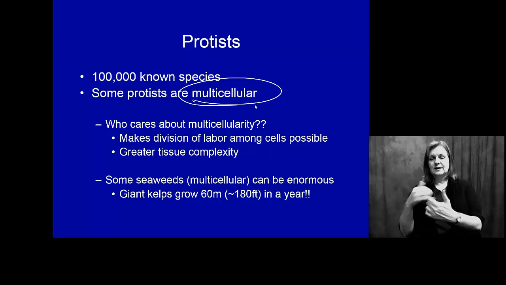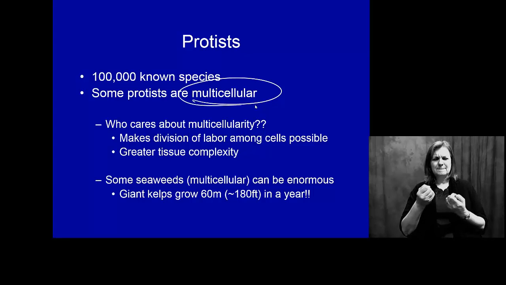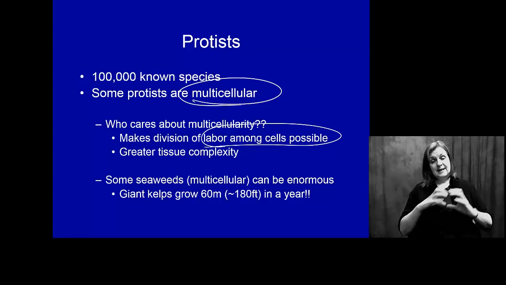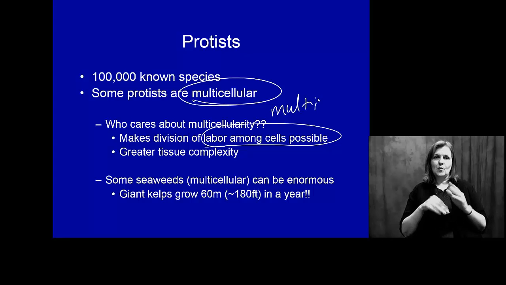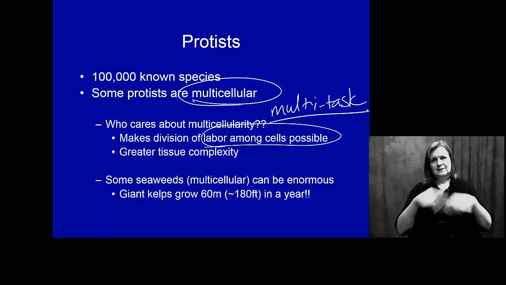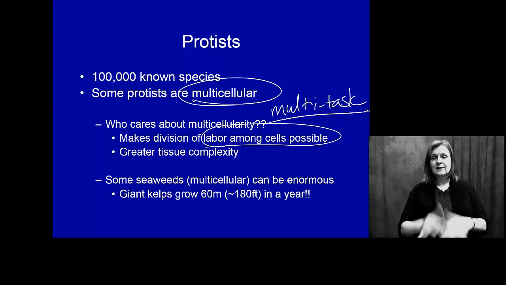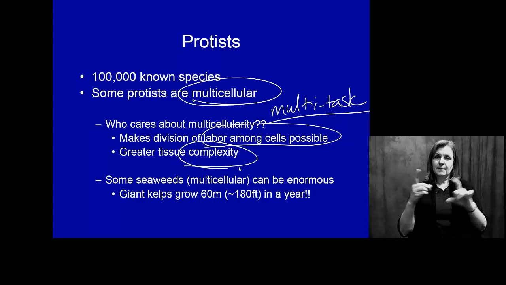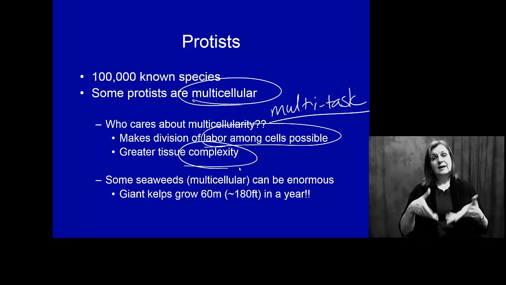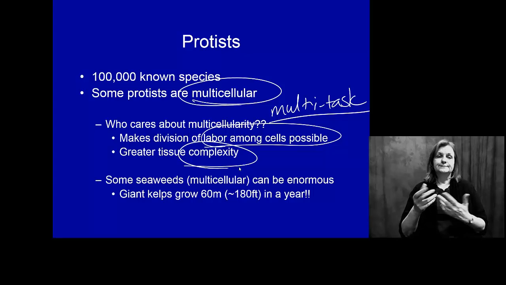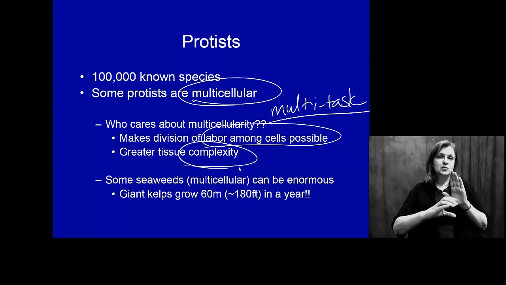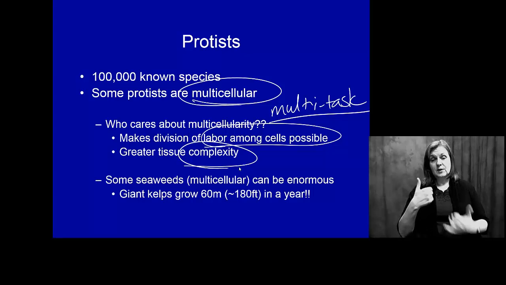Why do we care about multicellularity? Well, if we have multicellularity, it means that you can essentially multitask, right? Your body is doing many, many things at one time. This is critical for proper use of resources. It allows for higher levels of complexity, and it allows for different growth patterns and availability of new and different characteristics and phenotypes because of this multicellularity.